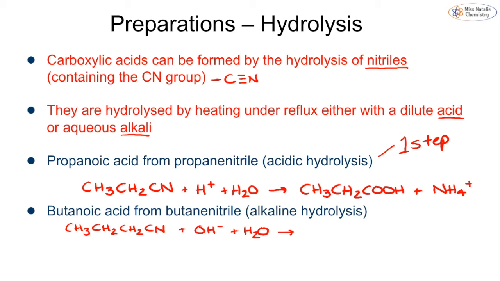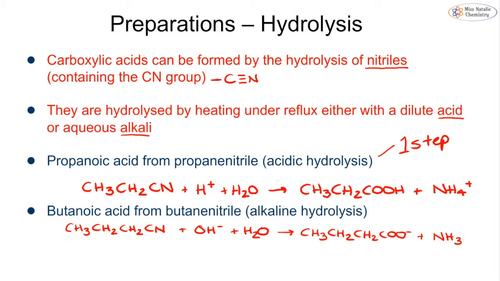This time, rather than going directly to the carboxylic acid, what we form is actually the carboxylate ion. So we have our CH3, CH2, CH2, and this time it's COO- plus NH3.